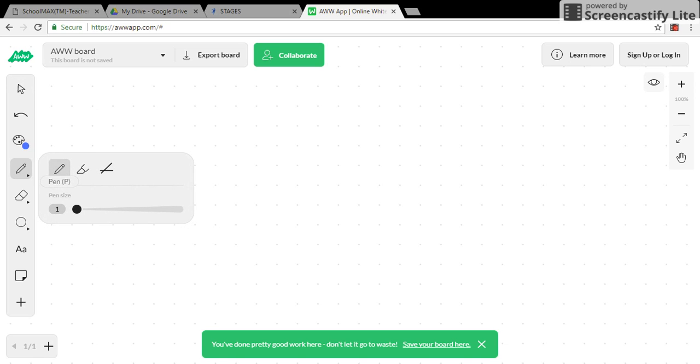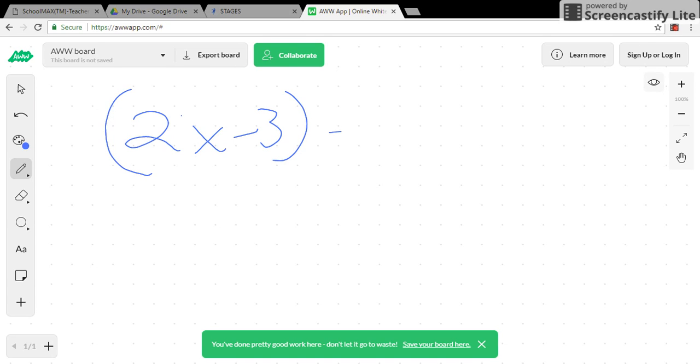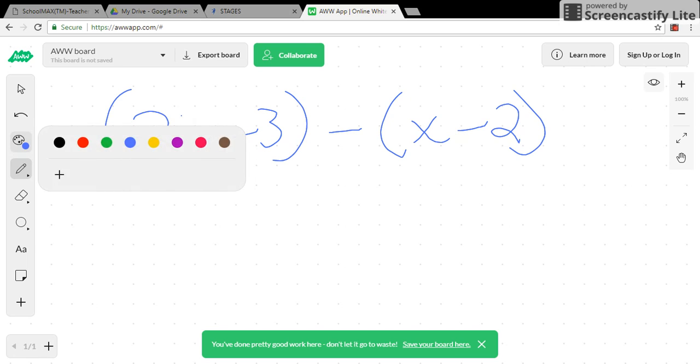The next kind of problem is what happens when I have a 2x minus 3, that's in parentheses, and I'm taking away an x minus 2. We also have been getting tripped up because of the fact that there's not actually a number here. It's just that negative sign. So if you remember what we've talked about in class, that unwritten number is a 1.